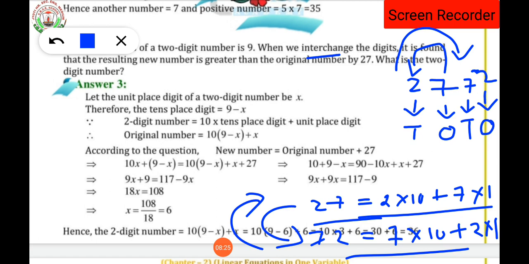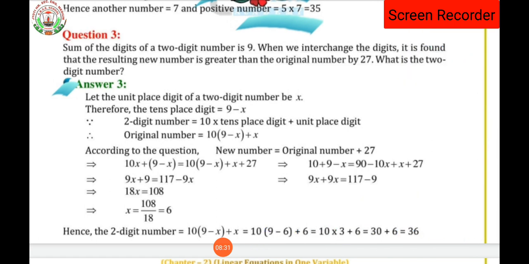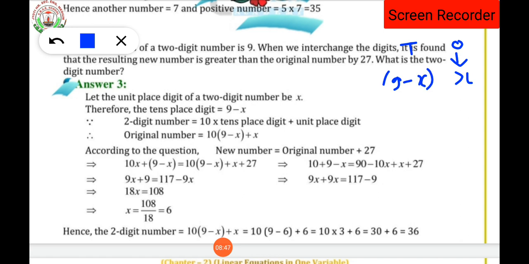पहले हम उसका वंस प्लेस वैल्यू को x कंसिडर करेंगे, तो टेंस की प्लेस वैल्यू ऑटोमेटिकली 9 माइनस x होगा ना. Ones place value is x, tens place value is 9 minus x. Understood?